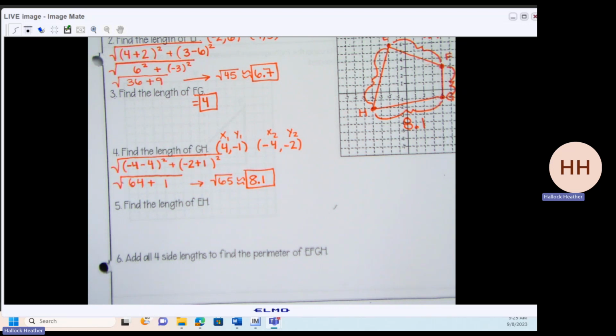So 6.7 plus 4, oh, okay. Just try. All you do is try. That's a great question.